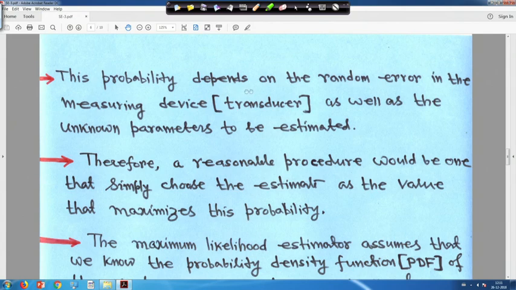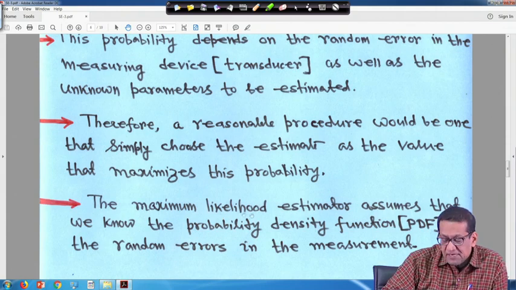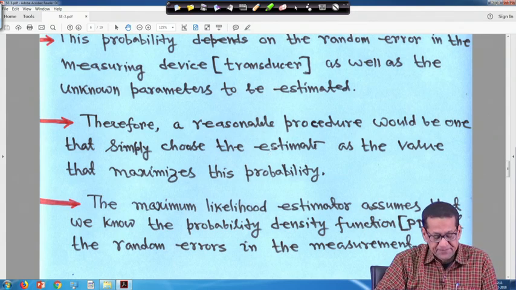This probability depends on the random error in the measuring device, that is the transducer, as well as the unknown parameters to be estimated. Therefore, a reasonable procedure would be one that simply chooses the estimate as the value that maximizes the probability, right. The maximum likelihood estimator assumes that we know the probability density function, that is called PDF, of the random errors in the measurement.